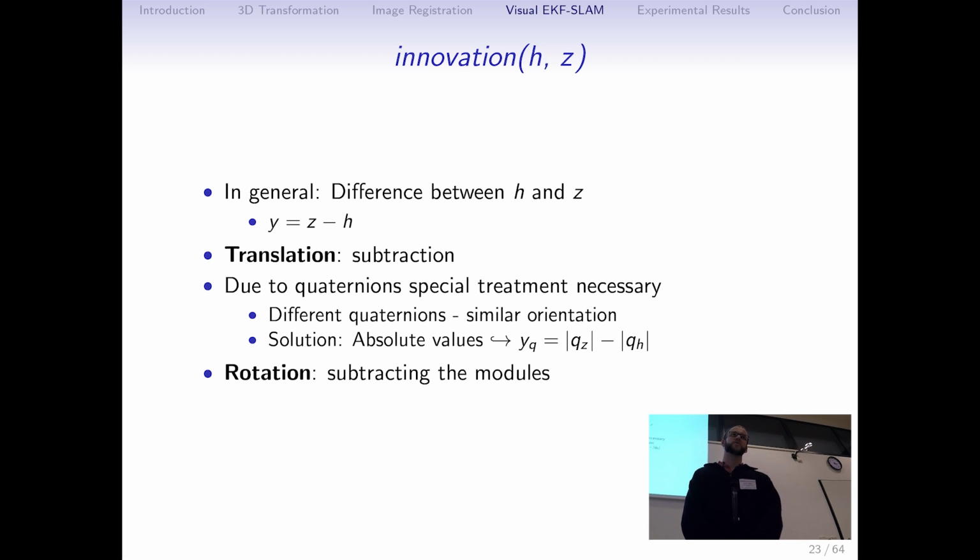But as we are dealing with quaternions, to express the orientations, we have to deal with some special things. Because different quaternions can express quite similar orientations. So the solution was to use absolute values to express the differences between both orientations. So the rotation, or the innovation of the rotation, is done by subtracting the modules.